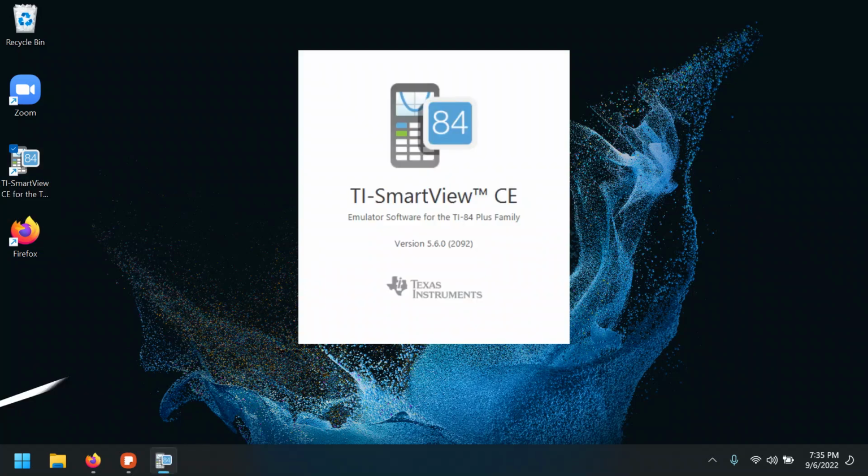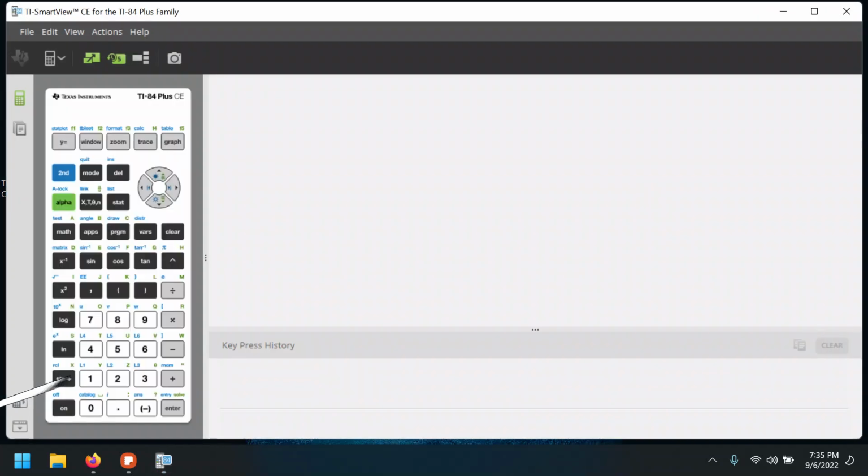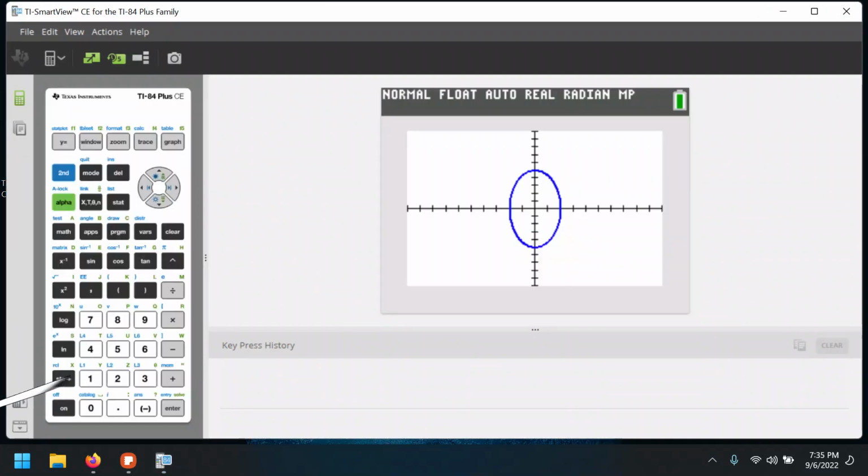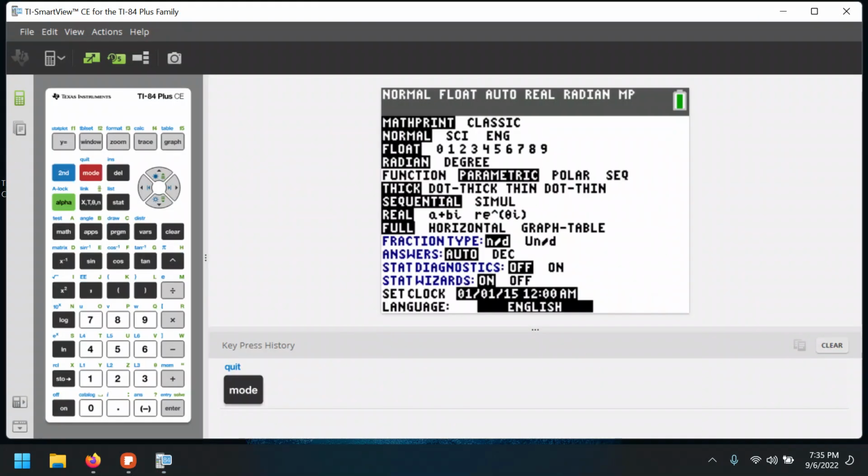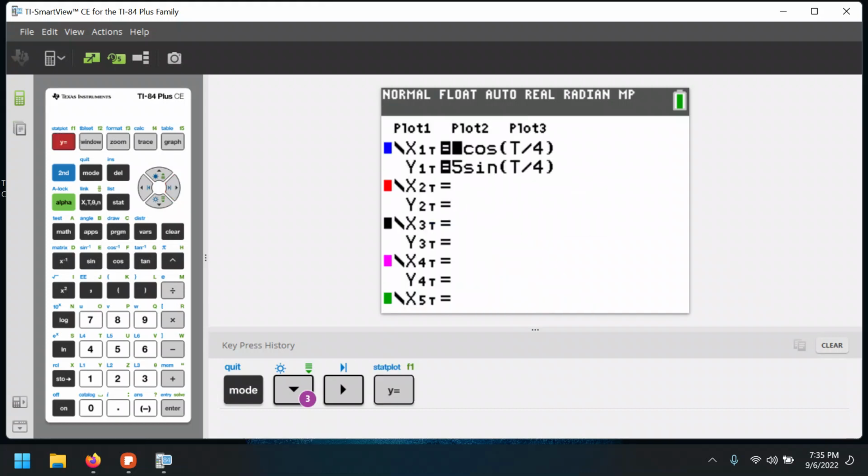And to plot this vector valued function, we're going to use our mode. Make sure that we have radian mode and it's in parametric mode. Lucky for me, I already had it.